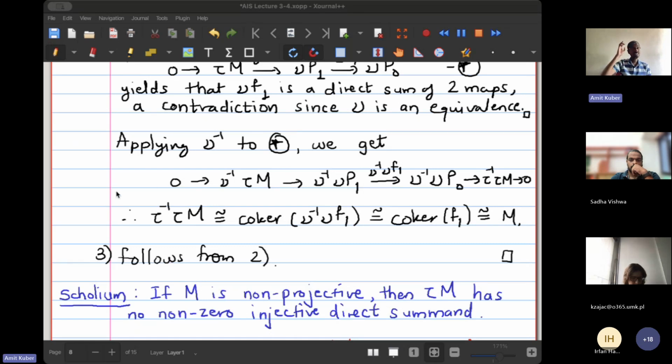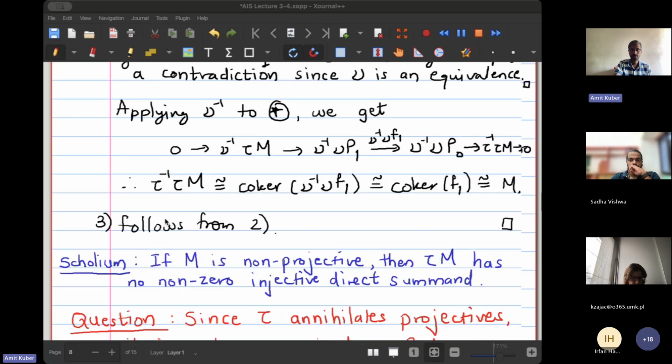So what we are saying is that if we start with something non-projective, then we'll obtain something which doesn't have any injective direct summand. In general, if we start with something which doesn't have any projective direct summand, then you end up with something which doesn't have any injective direct summand. Yeah, lots of negatives while talking about this. Okay.